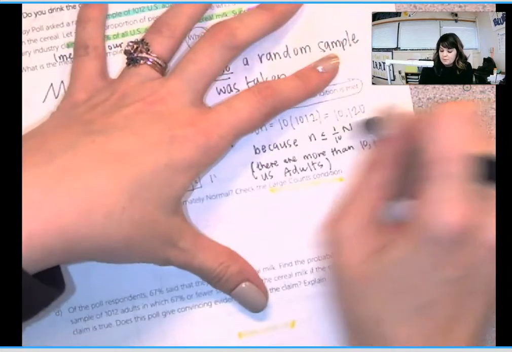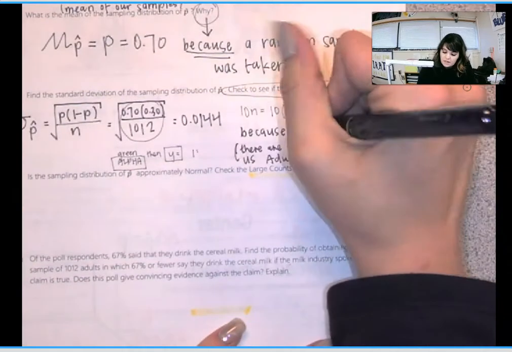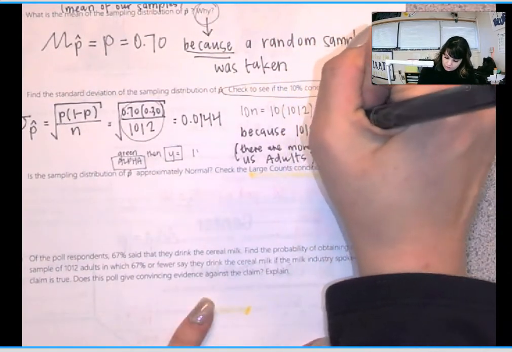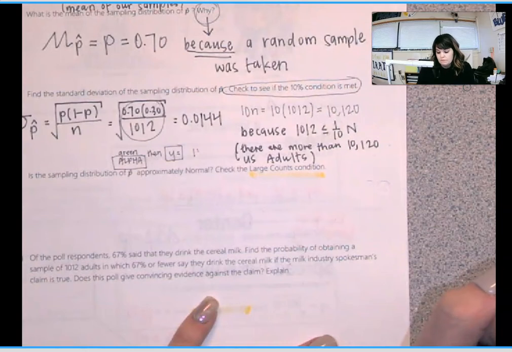In fact, it may be better to say here, because 1012 is less than or equal to 1/10 N.